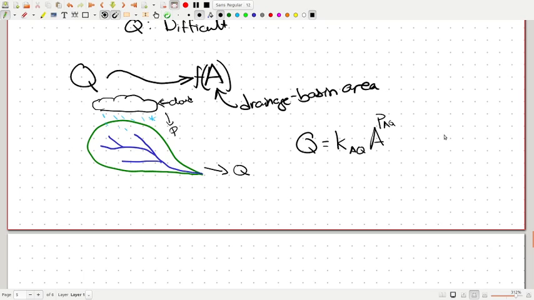And so this is just a simple power law approximation. And it is totally empirical, meaning that we come up with it from measurements and not at all with theory.